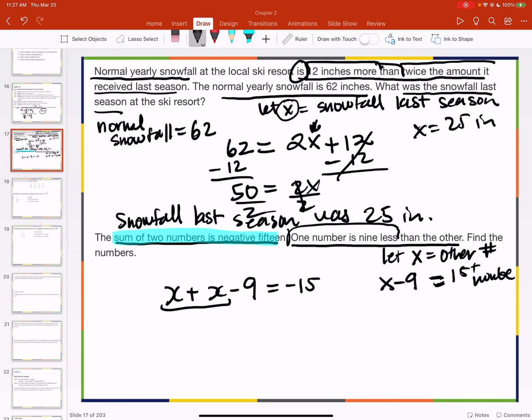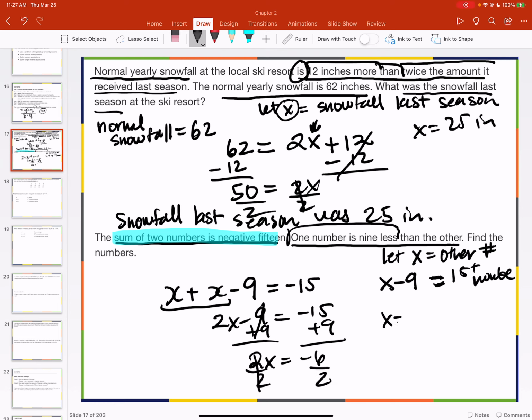So we combine like terms. 2x minus 9 equals negative 15. We add 9 to both sides to clear it. 2x is equal to negative 6. So divide by 2, we get x is equal to negative 3. But it says find the numbers. So if one of them is negative 3, what's the other one? Remember, we expressed that as x minus 9.